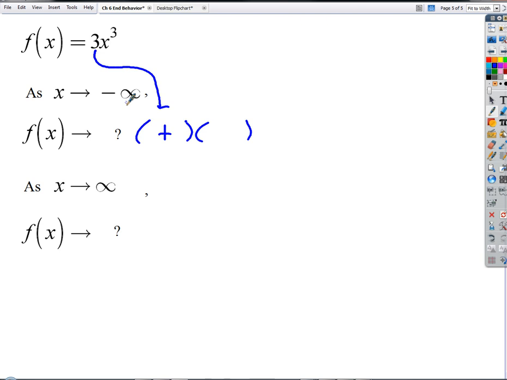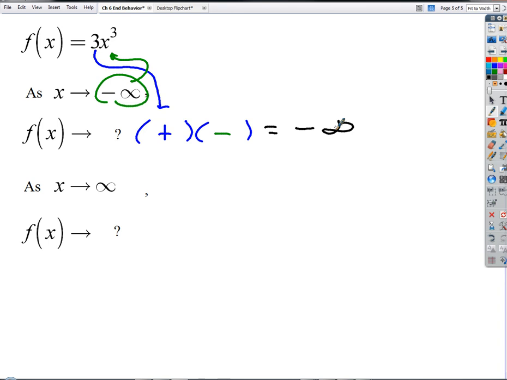If I'm putting a negative number into x cubed, a negative number to an odd power is negative, right? A negative number to an even power is positive. A negative number to an odd power is negative. So this one's going to give us negative. And so the result is positive times negative, which is negative infinity, right?